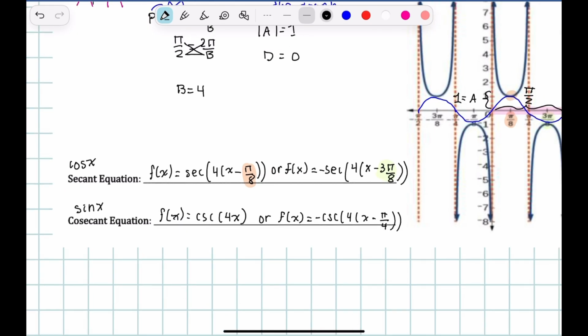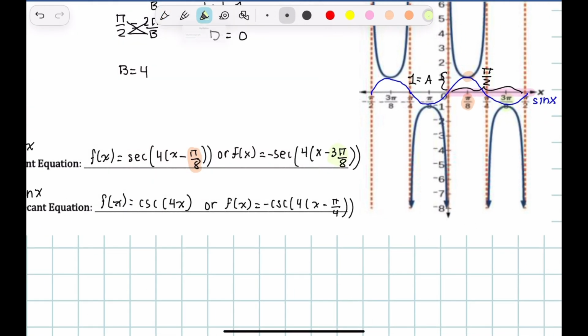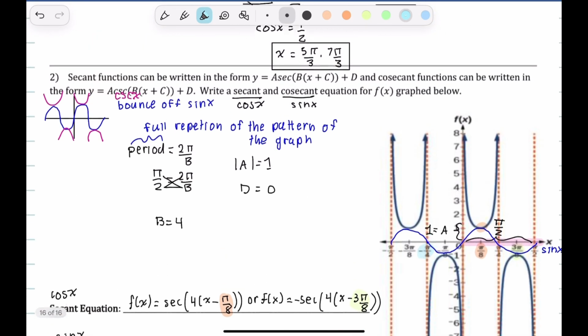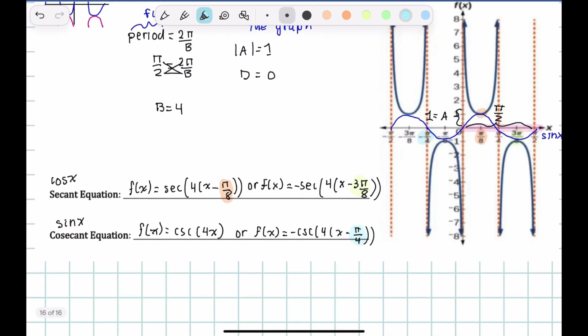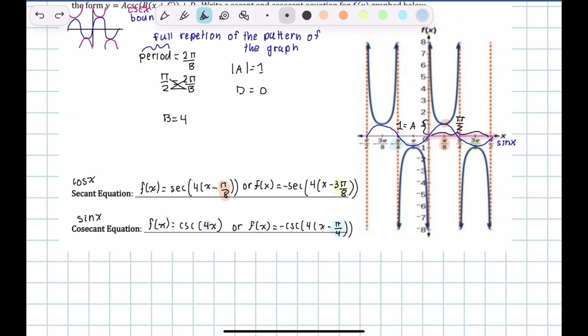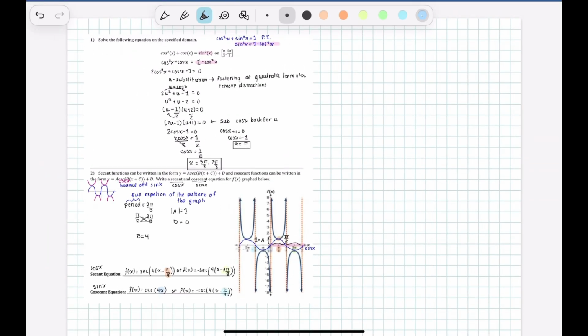So for this, you can see negative pi over 4 is going to be this, or just literally 0, let me highlight this. There's no shift in here, so imagine that right there. So yeah, that's basically it.